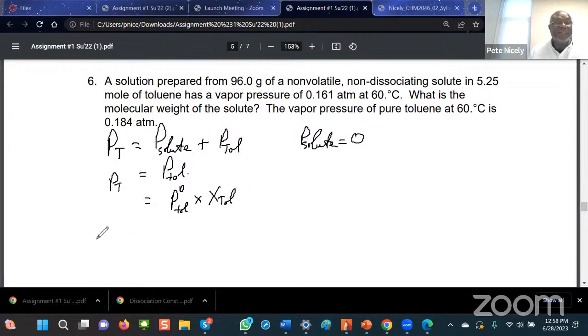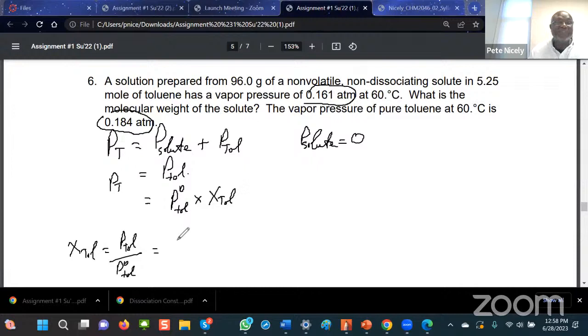So basically, we can find the mole fraction of toluene as being equal to P toluene divided by the vapor pressure of pure toluene, all right? So we know what the vapor pressure of pure toluene is, 0.184, and the vapor pressure of the resulting solution is 0.161.